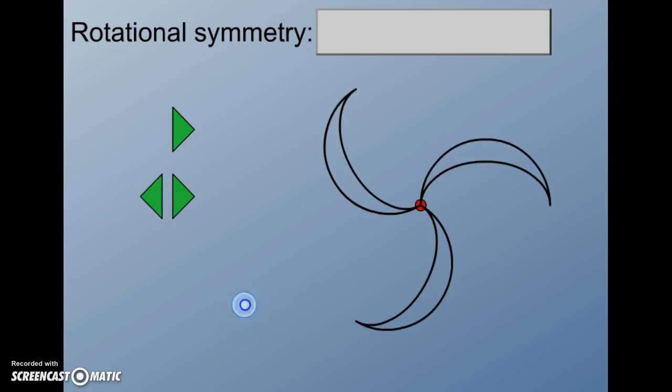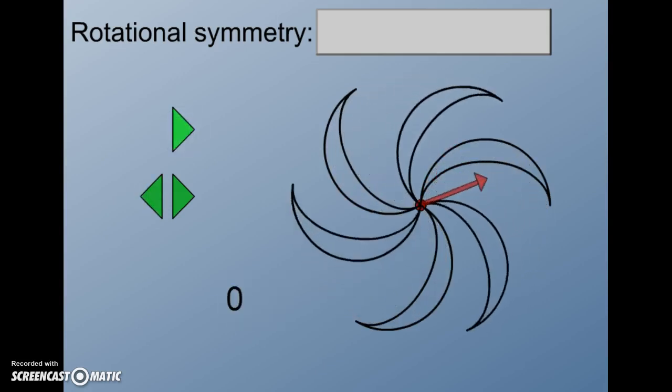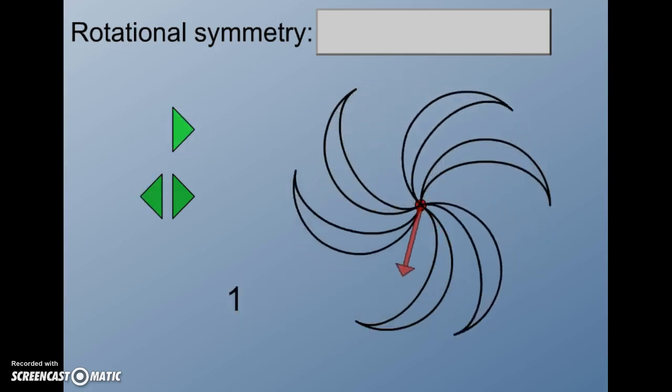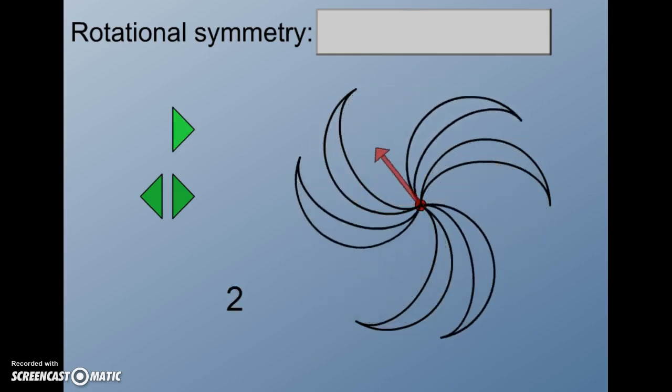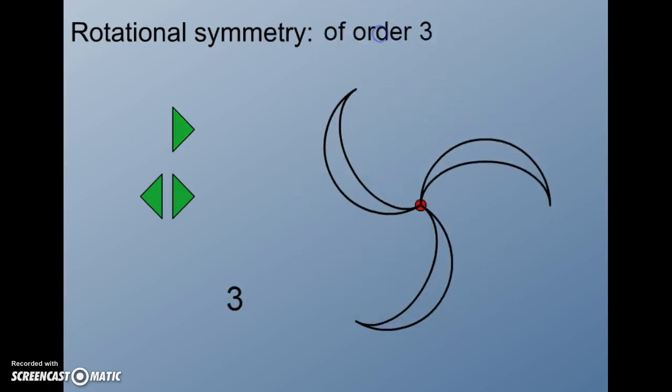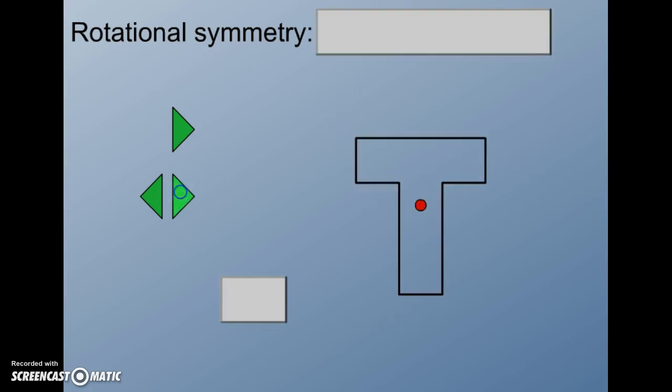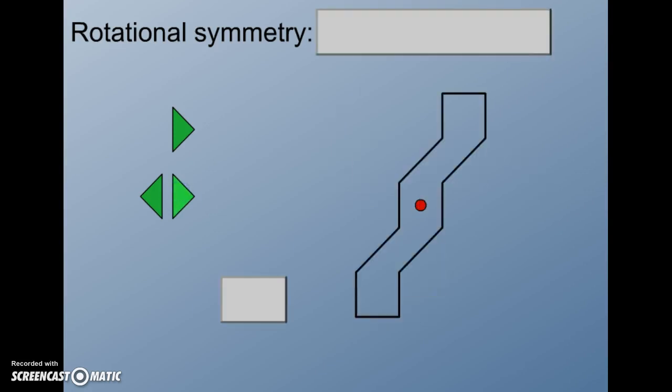Let's move that box. So there it happens once, it happens again, it's the same, and then it happens again, it's the same. So it has rotational symmetry of order 3, and we would say the magnitude is 120 degrees and 240 degrees. So let's look at one more.